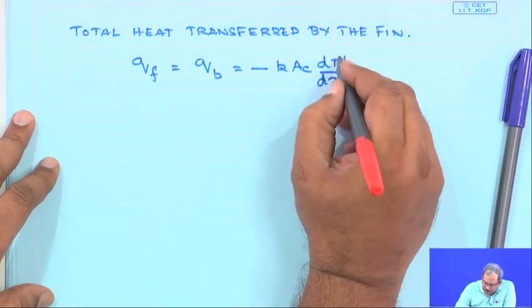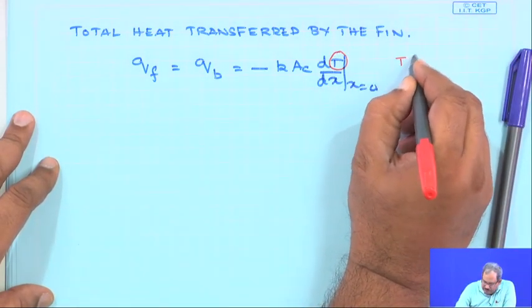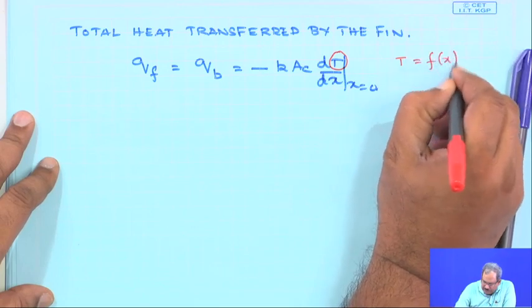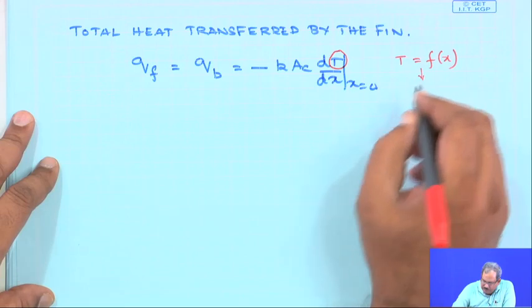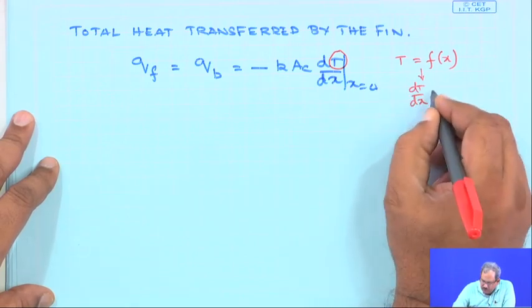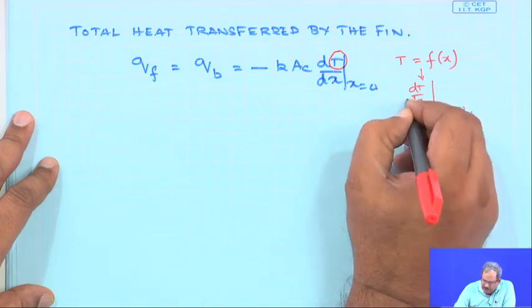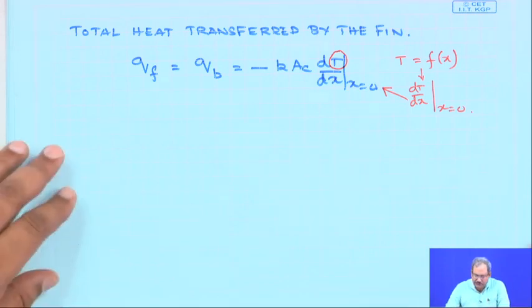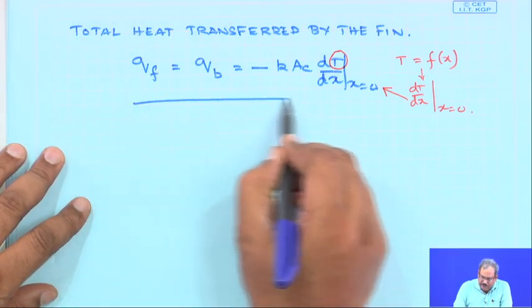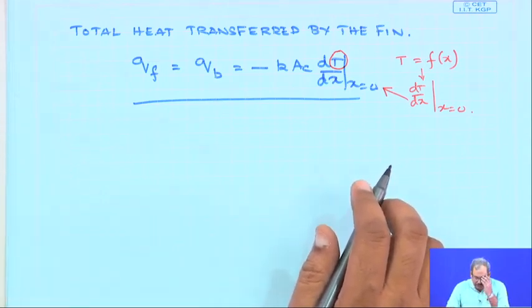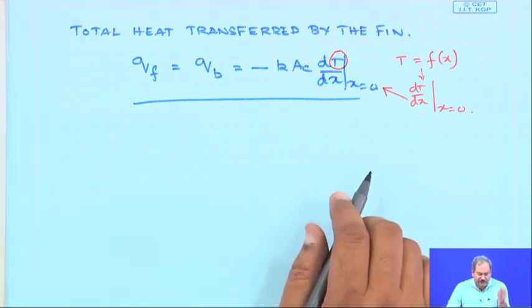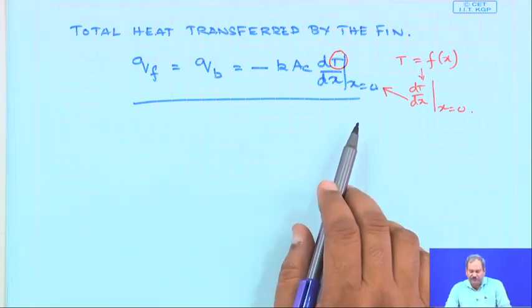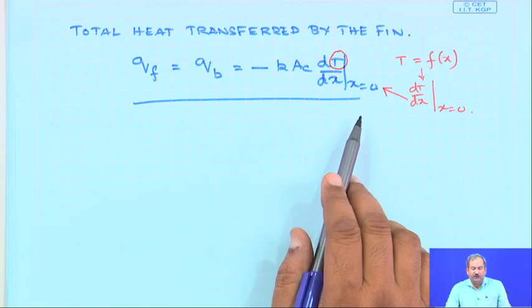If I know the profile of T, that is T as a function of x, then I would be able to obtain dT dx and the value of dT dx at x equals 0, put it back in here, and what you would get is the total heat taken up by the fin under different conditions. I have also mentioned that this temperature distribution will obviously vary depending on the second boundary condition that you have taken.